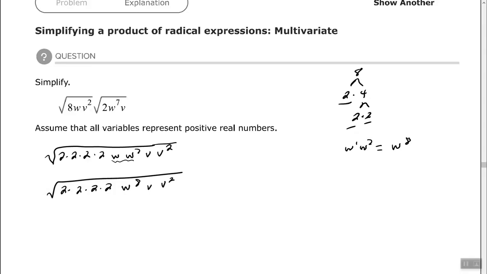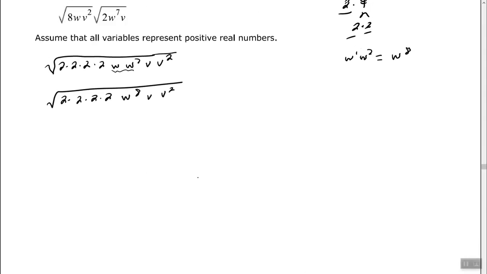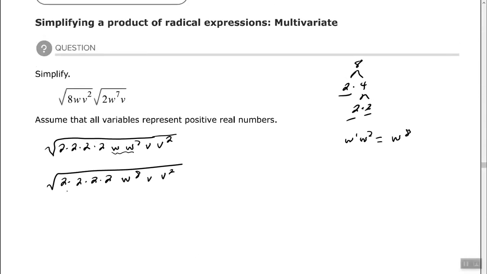All right, so let's see what we have. We have a pair of 2's, another pair of 2's, a w to the 8th, and a v squared. All of those, we can take the square root of each one of those.